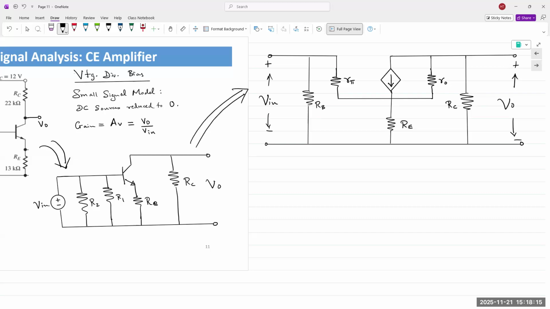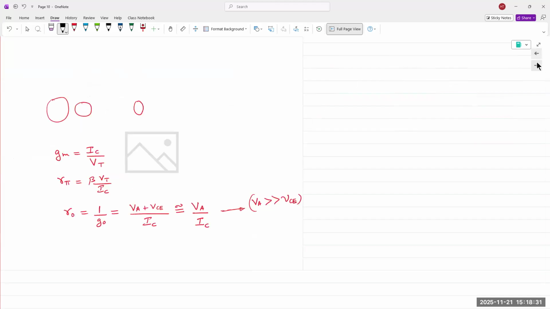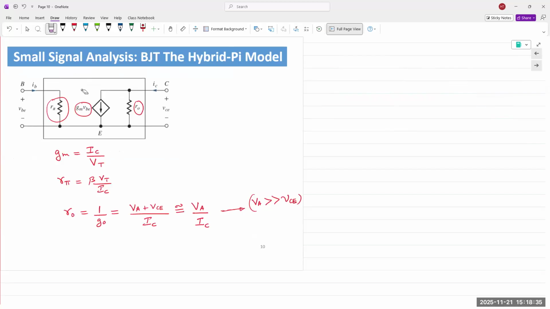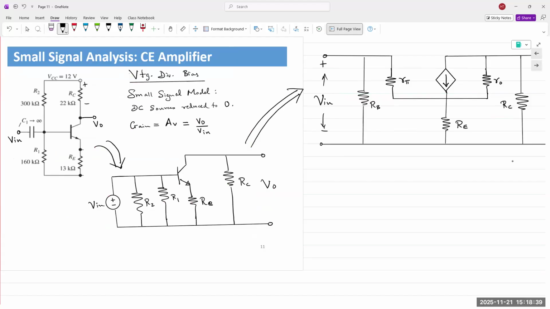Keep in mind that the bottom of RC right here was actually the top right here. We are using the hybrid pi model right here. We could analyze the circuit with a different model too, but this one is easier.